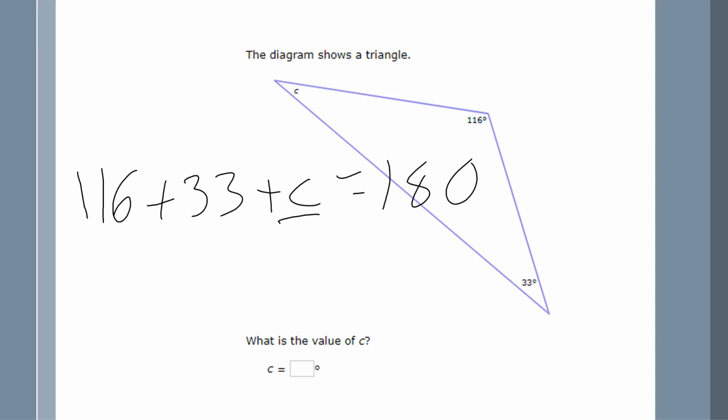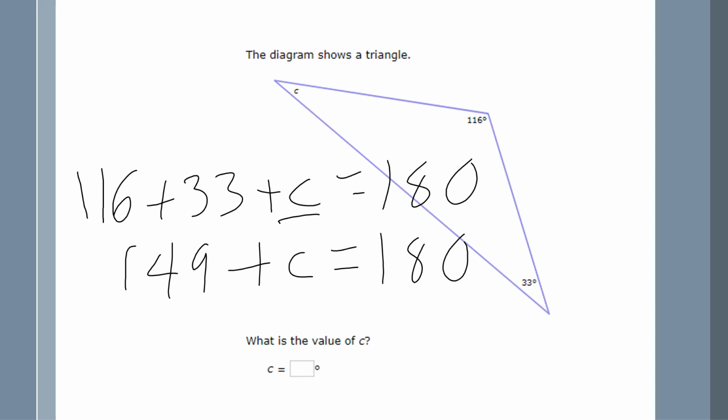So 116 plus 33, that's going to be 149 plus c equals 180. And that's going to be 31 degrees.